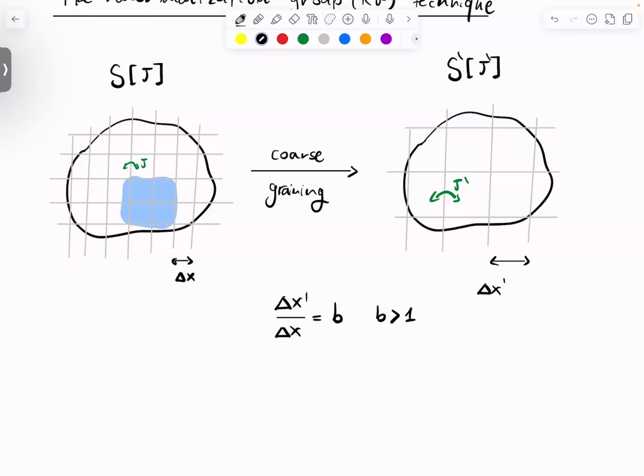Okay, and the philosophy behind this is that if we follow how this coupling J evolves under these successive coarse graining procedures, then we can say something about which couplings are important, which couplings are not important, and what tendency to phases there are.